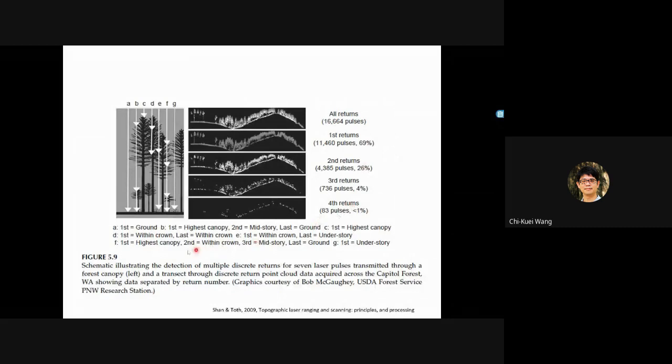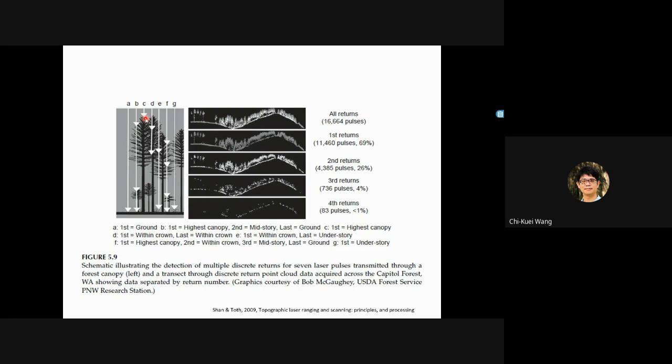If you look more into it, there are different scenarios. The laser fires down, so it may directly hit the ground, or it hits the top of the canopy, the top of the second canopy, and then the ground, or it just hits the top of the higher canopy and stays there, because it is so thick it doesn't penetrate through.